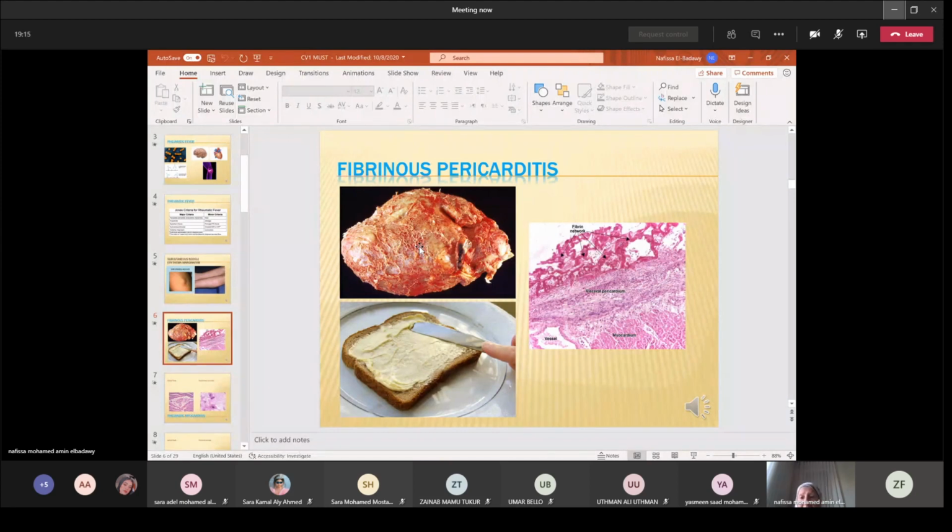As we see here, this is the microscopic picture. We see that there is swelling, edema in the pericardium, and the fibrin is deposited on the surface. Then a fibrin network is deposited on the surface of the visceral pericardium.